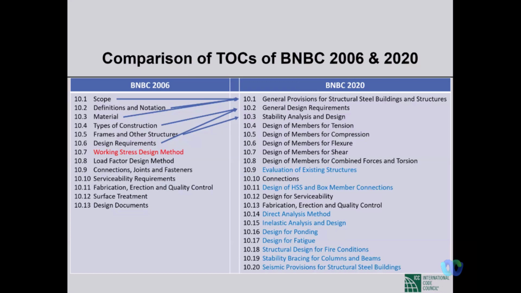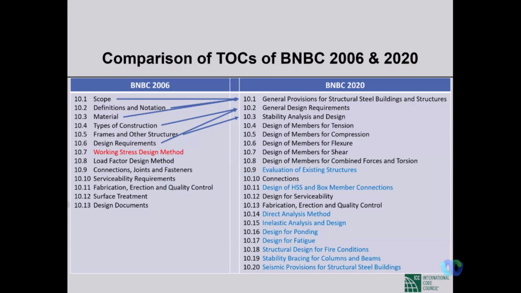Now this one, working stress design, I've shown in red color. This one is omitted, but you know that in AISC 360 there is mention of ASD, allowable strength design, and this one was working stress design. These two are not similar, they are completely different.